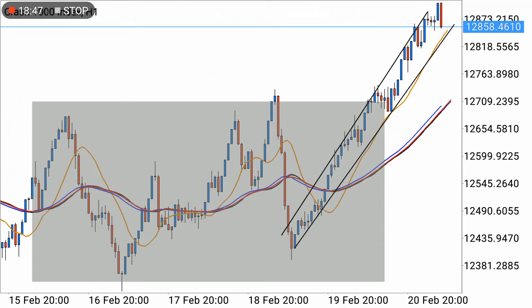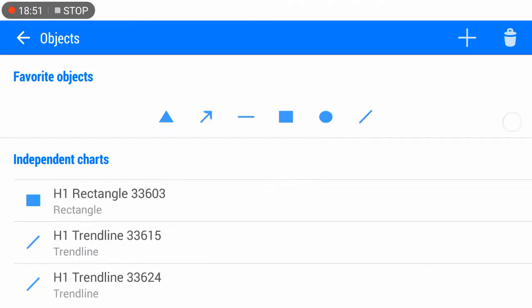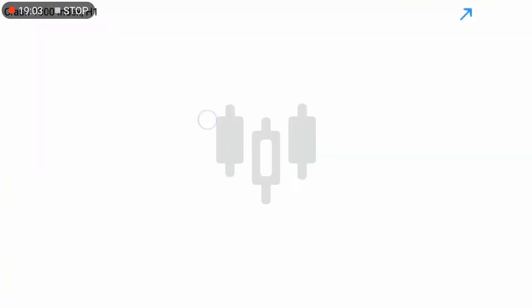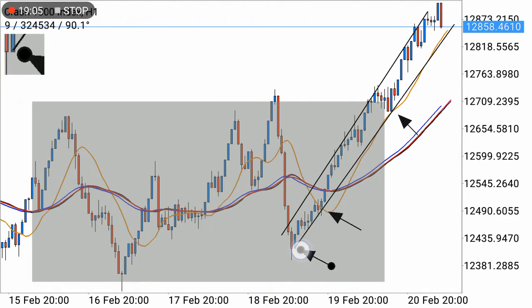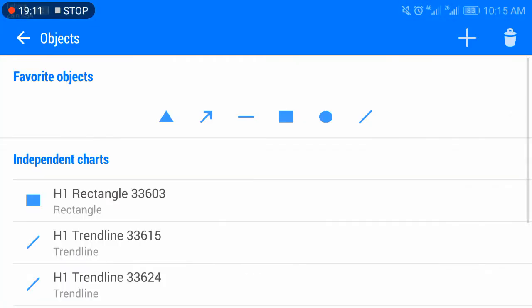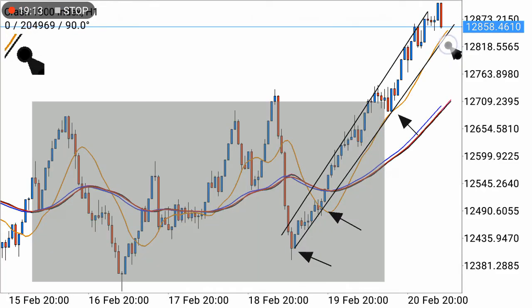Okay, look here, very awesome and clear, because the market touched this point many times. Look here, support of the trend line and bounce back, support of the trend line and the market bounces back, support of the trend line and the market pulls back, and now it is going again to touch this.